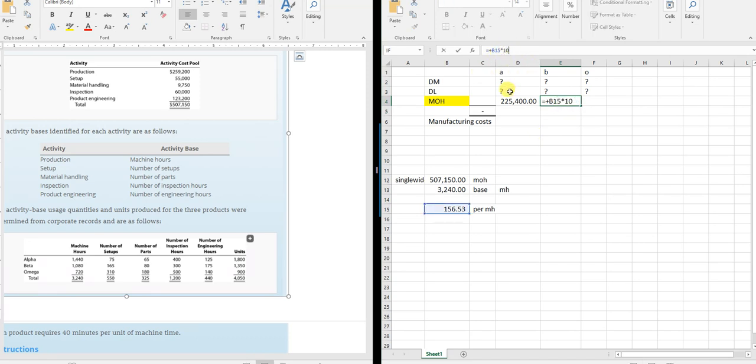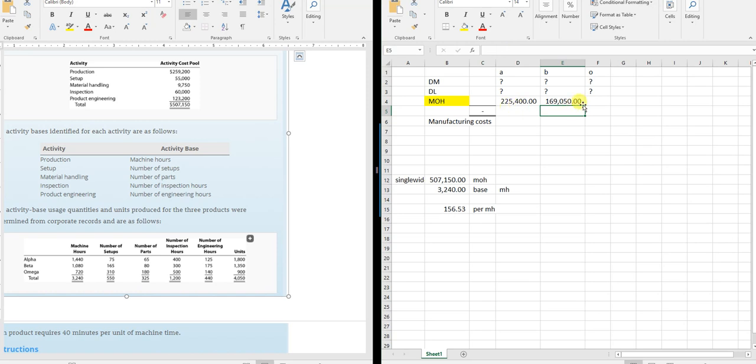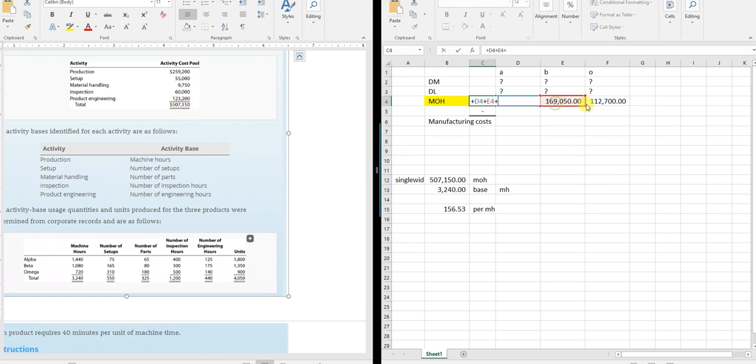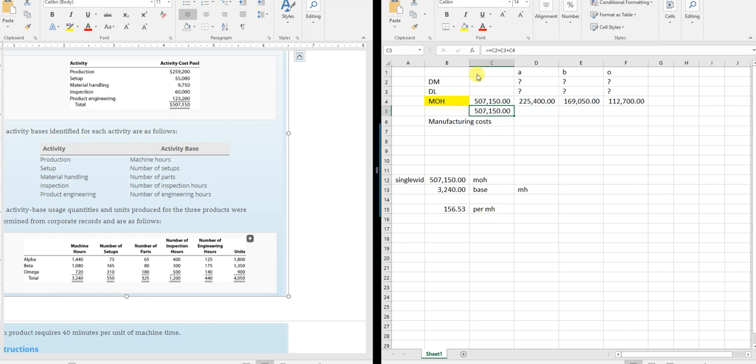Okay, 169, and I know that Omega has 720. Okay, so now I'm just going to double check that I've allocated all the overhead, because it should total up to 507,150. And I get it. So if I want the total product cost, I would add those numbers. That is a single wide.